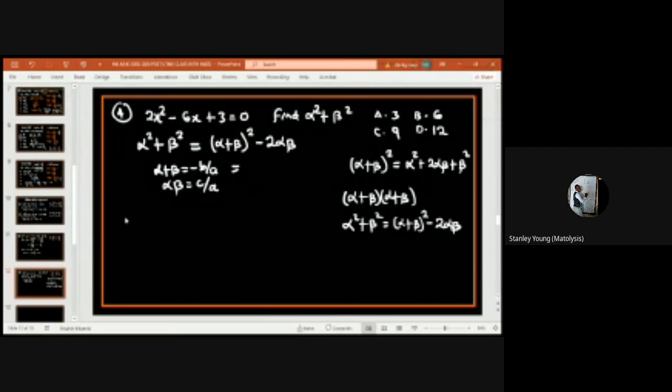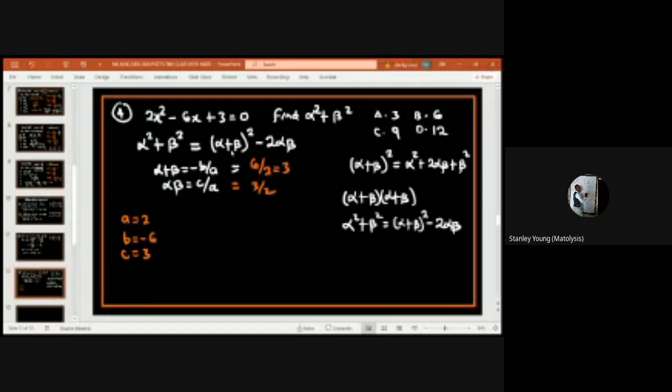B is negative 6. And there we have c to be equal to 3. So this tells us that your alpha plus beta is going to be 6 over 2, which is 3. And your alpha beta is what? C, 3 over 2. You get that?